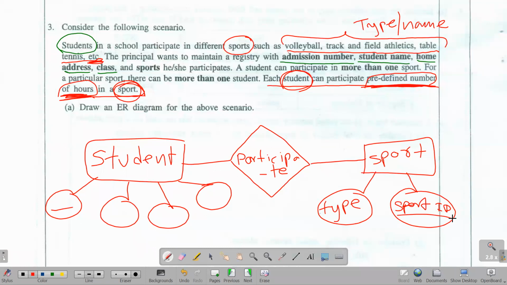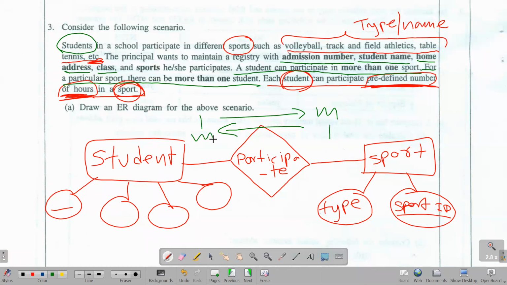right? And regarding the cardinality, it says a student can participate in more than one sport. One student can participate in more than one sport. For a particular sport, there can be more than one student, which gives you many to many as the cardinality, right?